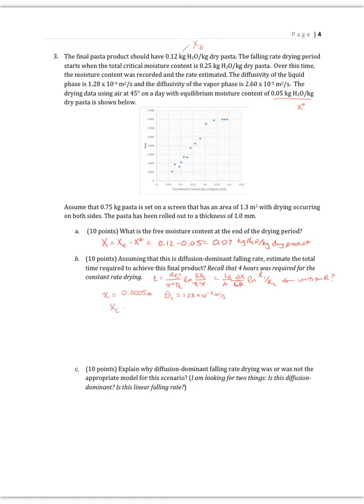X sub C is where we start going down to the falling rate, and that is 0.25 minus 0.05. These are supposed to be free moisture content, so 0.20 is X sub C, and X is where I stop, so that is 0.07.